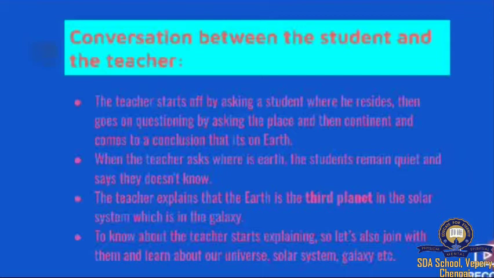To know about the galaxy and the solar system, the teacher starts explaining. So let's also join with them and learn about the universe, solar system, and the galaxy, and so on.